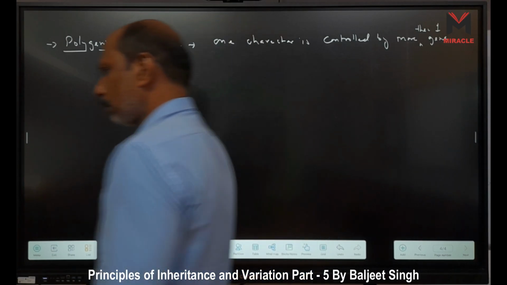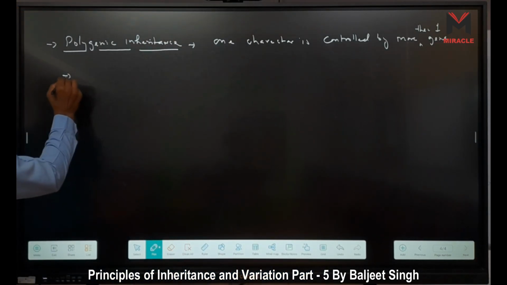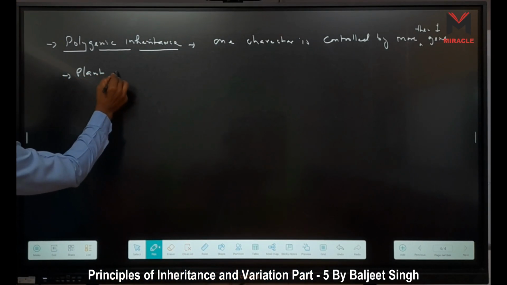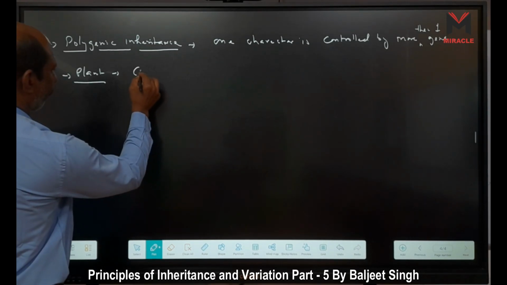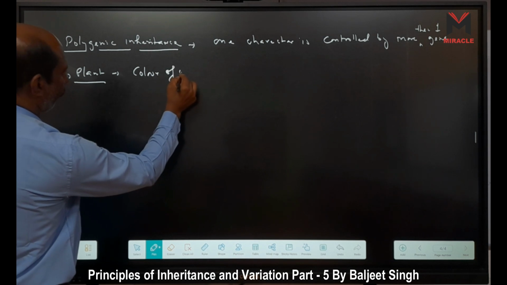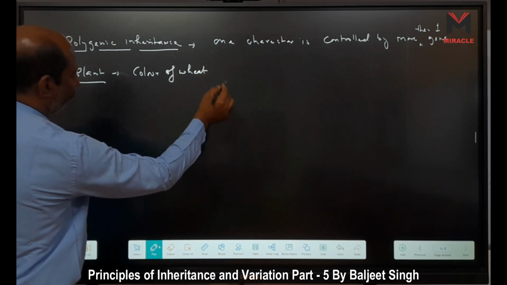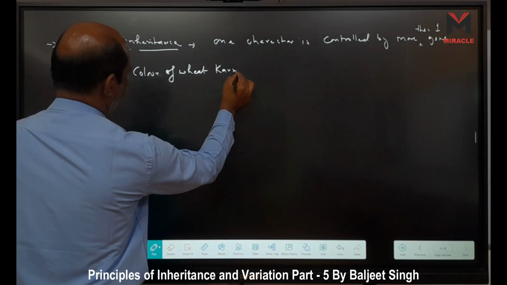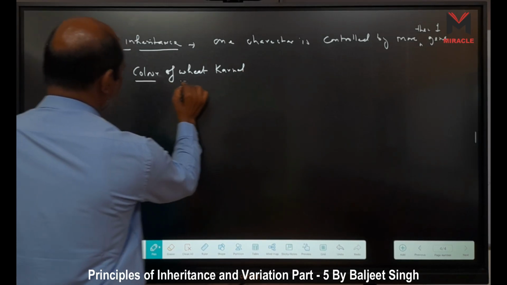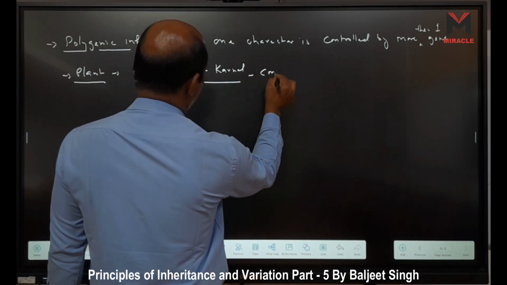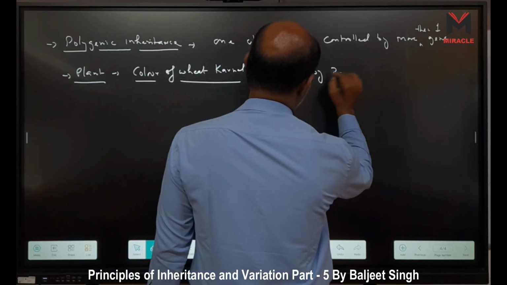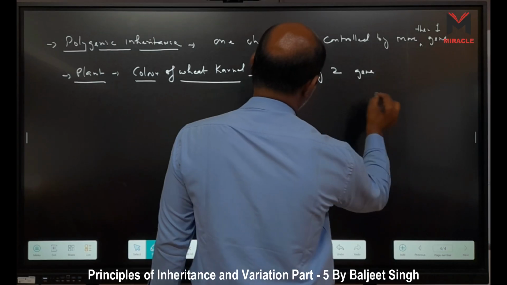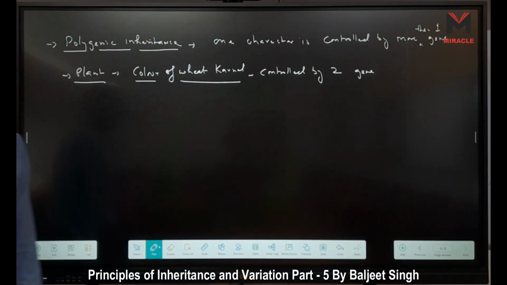As for example, it is also present in case of plants. Plant means color of wheat kernels, which is controlled by two genes or two alleles, right?